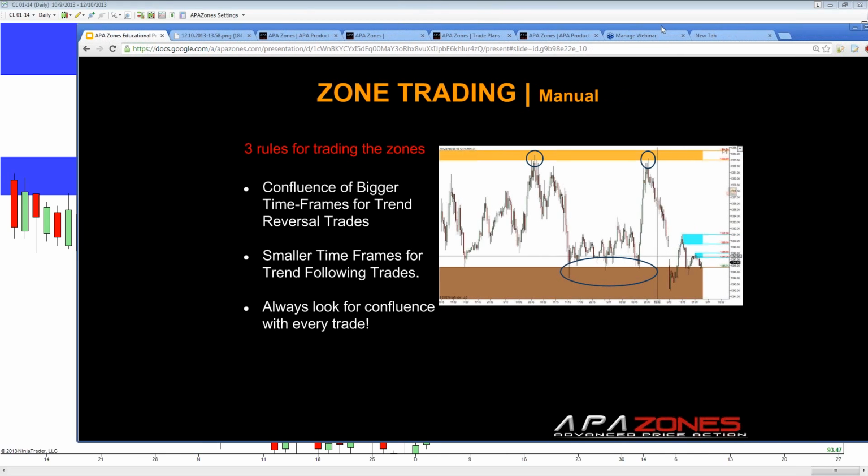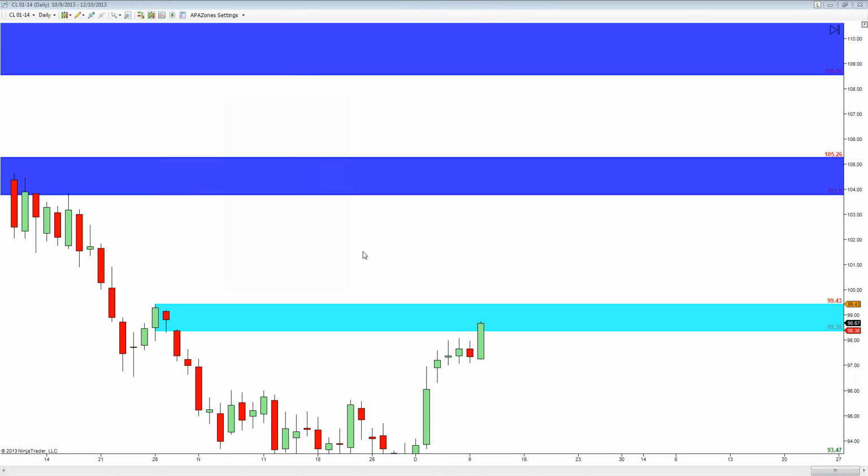It's really interesting how this stuff happens over and over again. So it looks like we're reaching into that zone, and for a swing trade out of here, you want an engulfing candle, or at least I want an engulfing candle and all that good stuff.